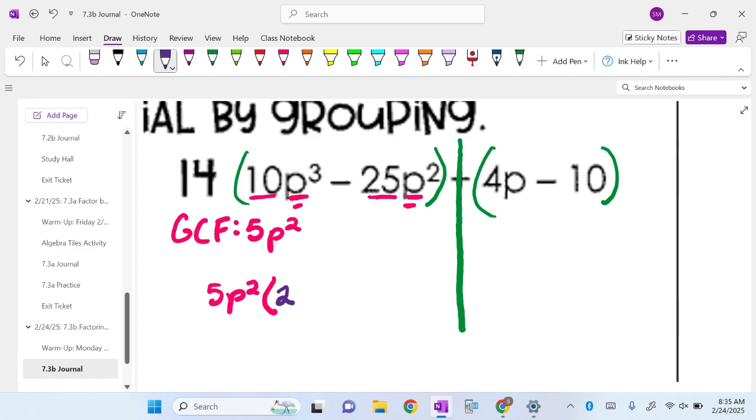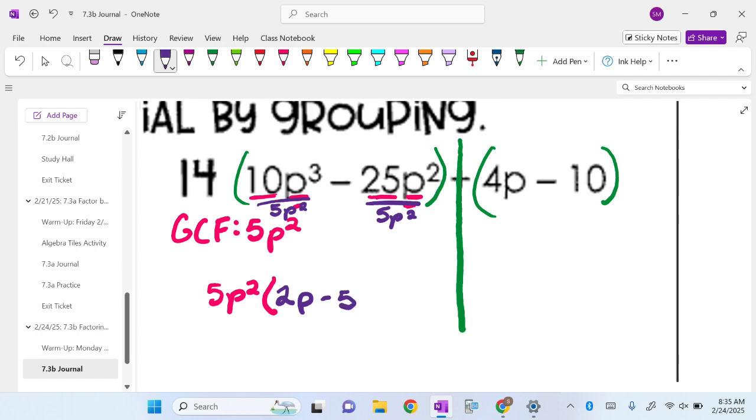What's p cubed divided by p squared? Just p. So you're left with one singular p. Now, what's negative 25 divided by 5? Negative 5. Good.